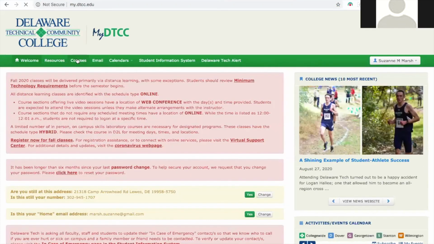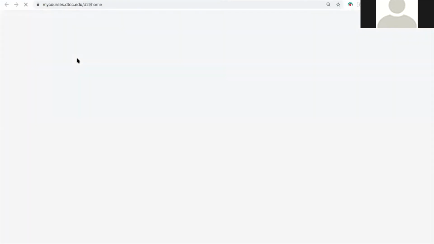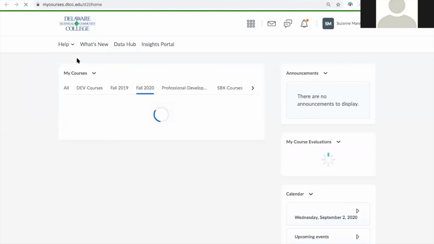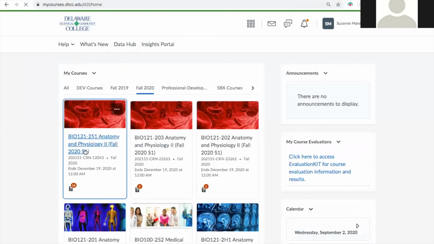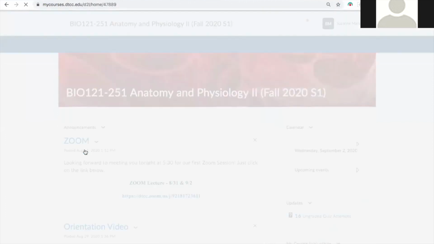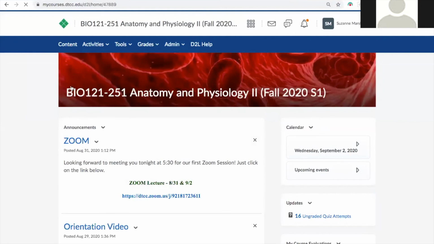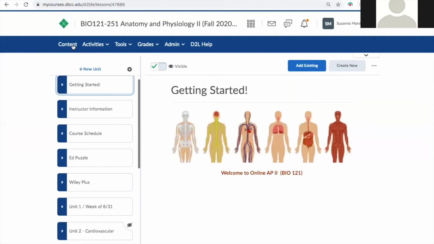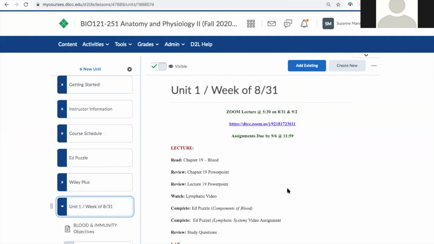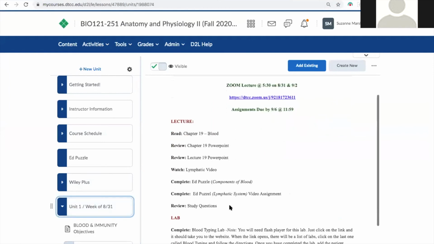Okay, so let's go ahead and look here at our course. When you're navigating the course here, we said that we were in week 1. When you click on week 1, you have all of your information here.